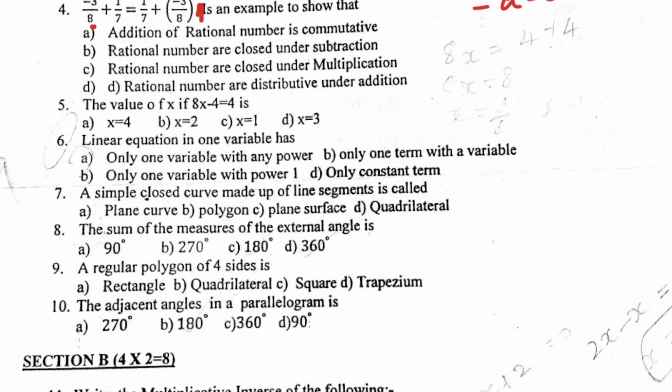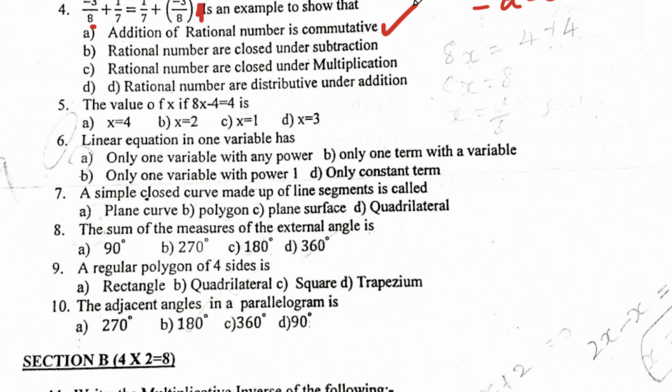It is the same, but on the other side it is in reverse order. But the equality sign indicates that the result is the same regardless of the order. So this is an example of the commutative property of addition.